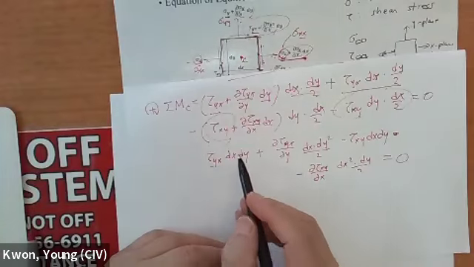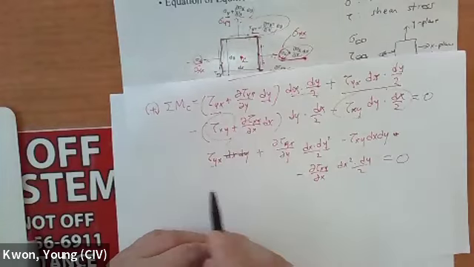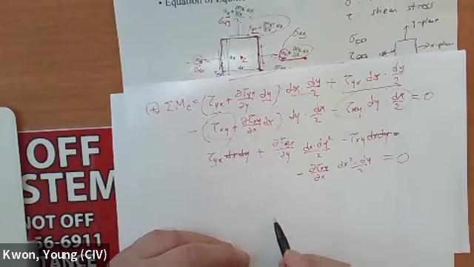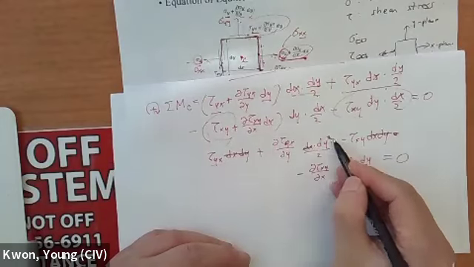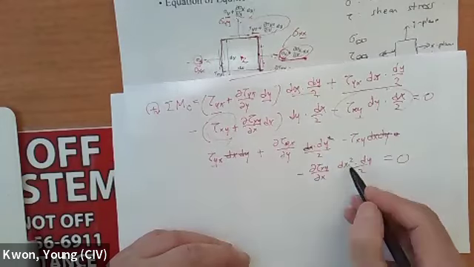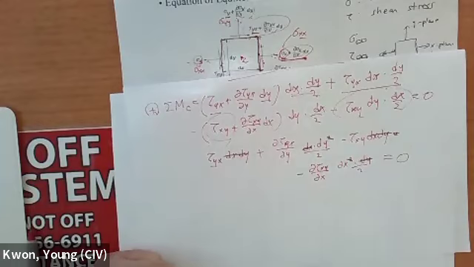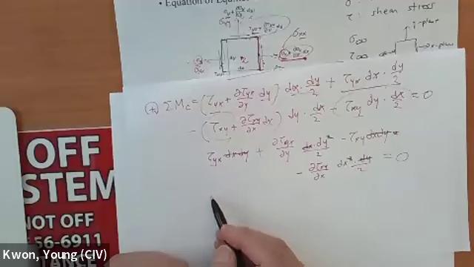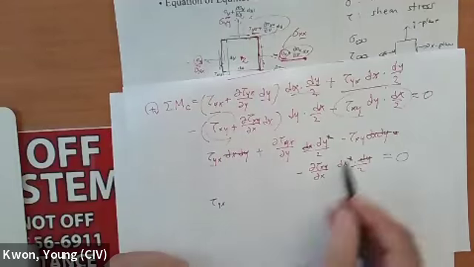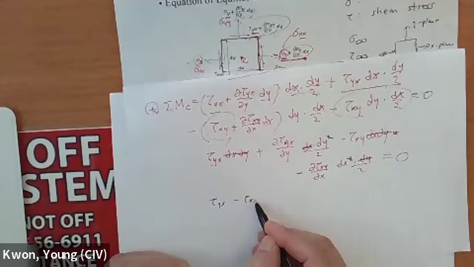So we are going to divide by dx dy, because dx dy is a non-zero value. Then what do you see? This is tau sub yx, and this is tau sub xy.